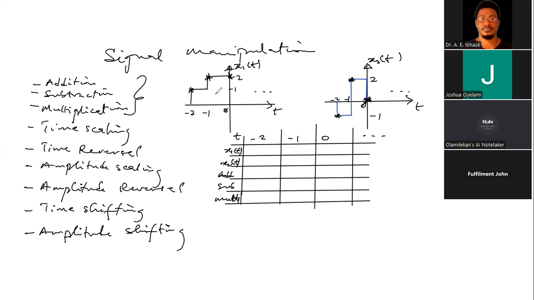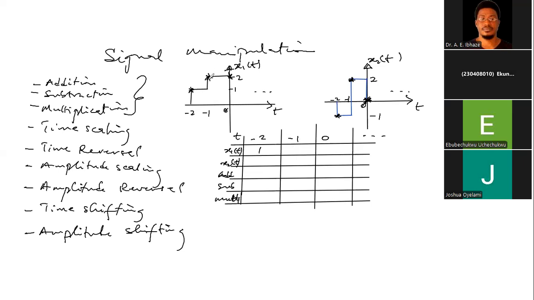For S1 of t, at time t equal to -2, what's the value? -1? No, minus 1. Okay, 1. At -1? It's 2.